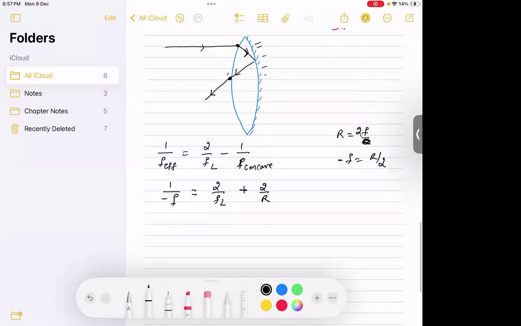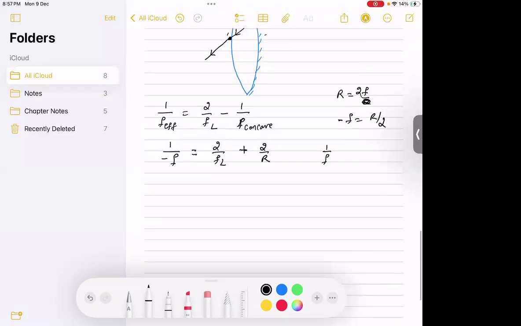From the lens maker's formula, you know that 1 by focal length of the lens is equal to mu minus 1 into 1 by r1 minus 1 by r2. According to the sign convention, r2 will be negative, so 1 by r plus 1 by r becomes 2 by r.